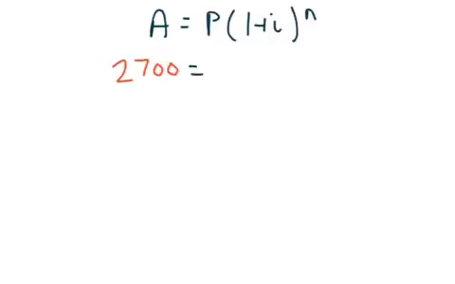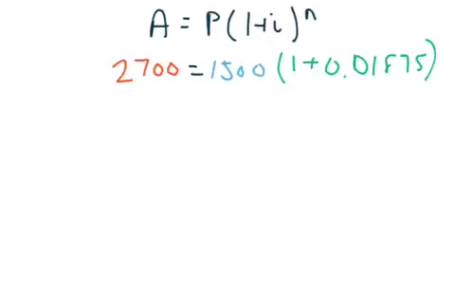P, the principal, is 1,500. i, the interest rate, was 0.01875, so we're going to add that to 1, which is what happens when we're adding 100% of what we had initially, and then we find out the n.